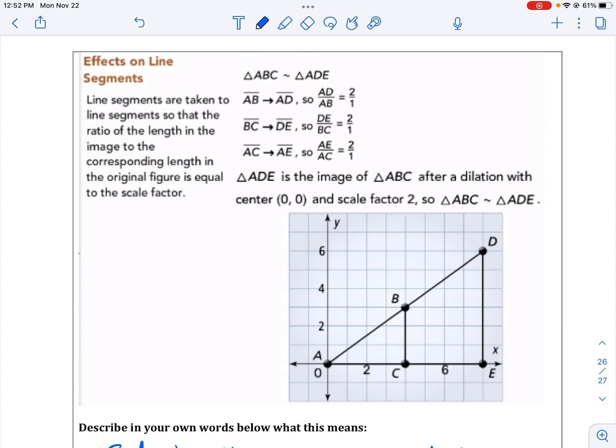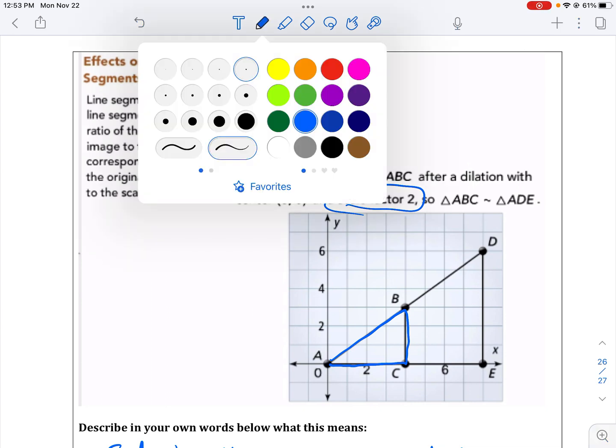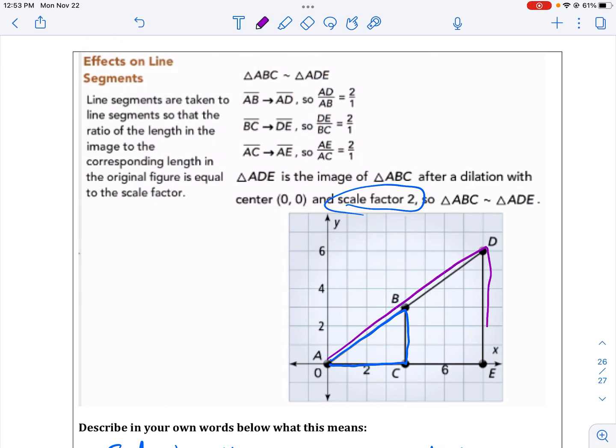Side lengths are a little bit different because they are not equal in measure, but they are proportional. You do have to use the scale factor. So here we have a scale factor of 2. We're going to go from the small to the big. So triangle ADE is the image of ABC. So ABC, we're going to multiply those by 2, and we get triangle ADE. Now that means triangle ADE is twice as big.